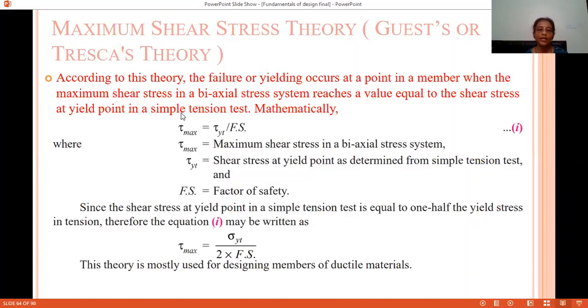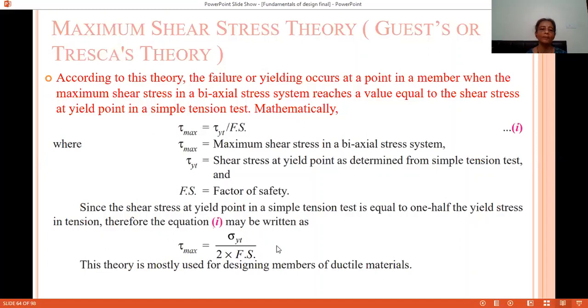As per this theory, the formula is tau max is equal to yield point shear stress upon factor of safety. As we know the relationship between yield shear and yield tension, yield shear is half of the yield tension. So we will substitute the value of tau YT as sigma YT by 2.